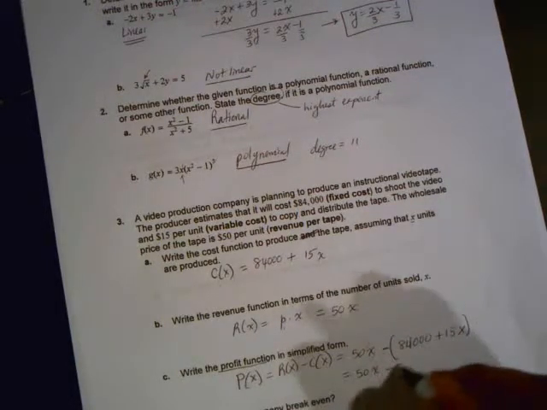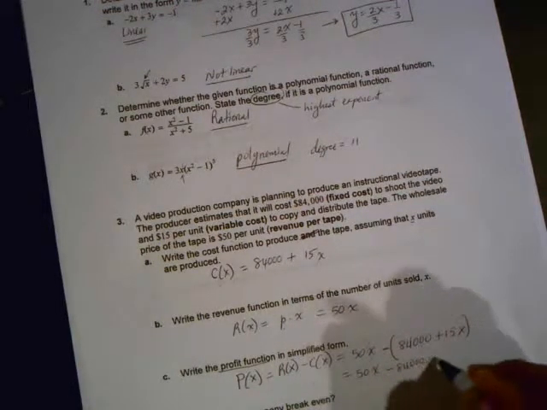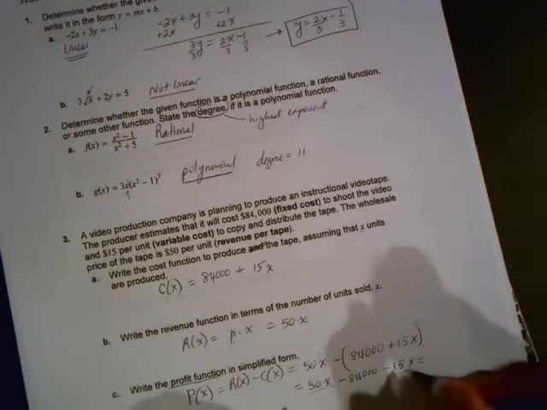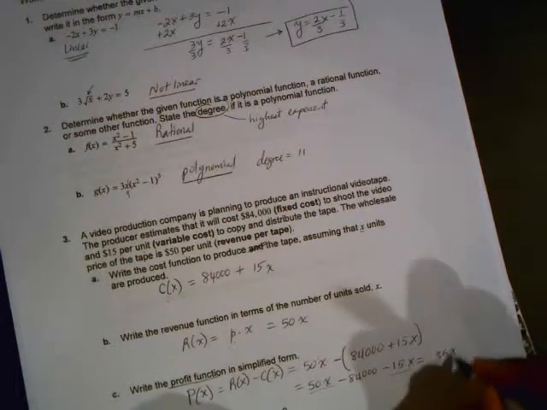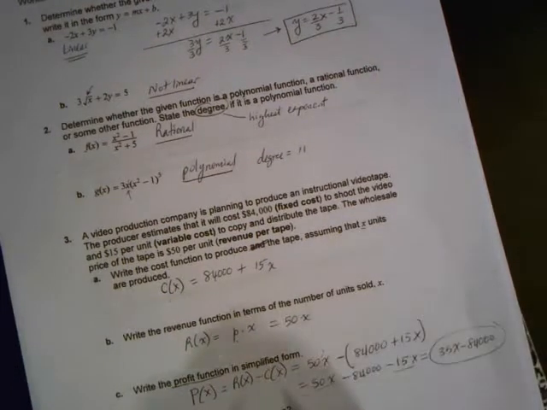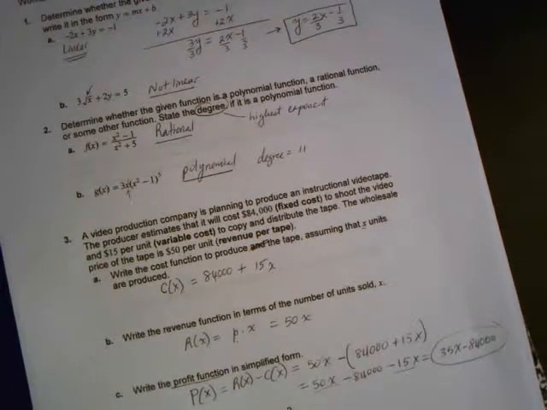Or if you were to see it in advance, you can distribute the negative right away. So it's minus 15x. So let's combine like terms. 50 minus 15 is 35x minus 84,000. So this is the simplified form of the profit.